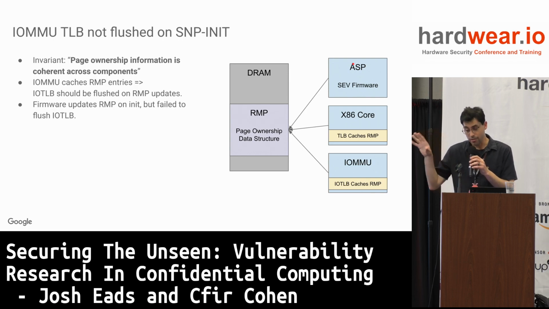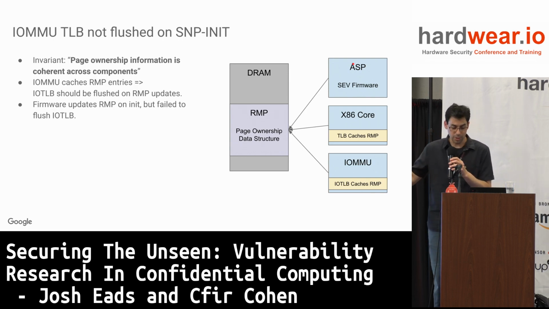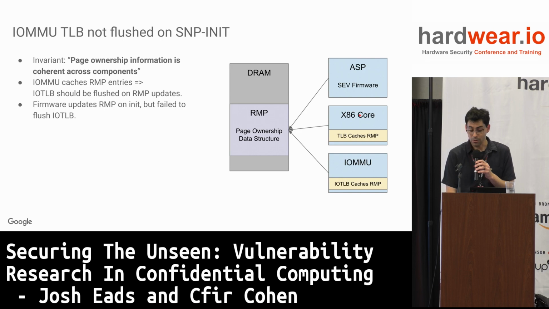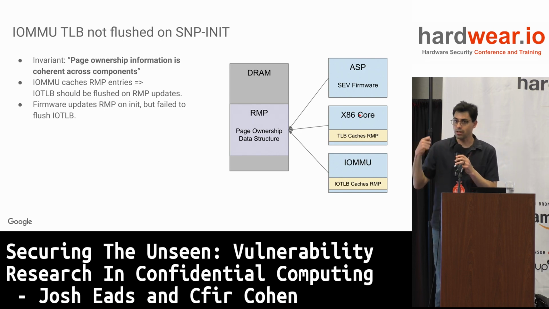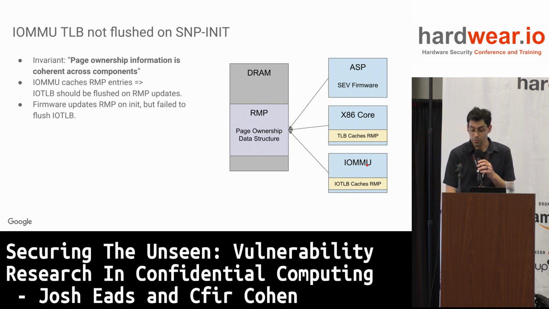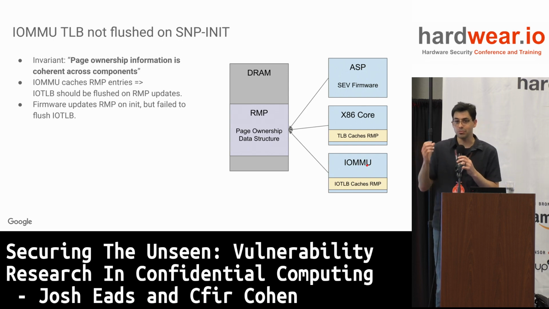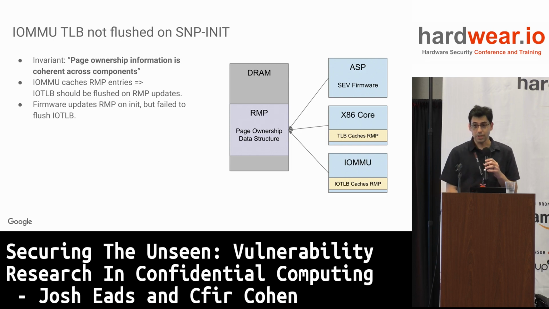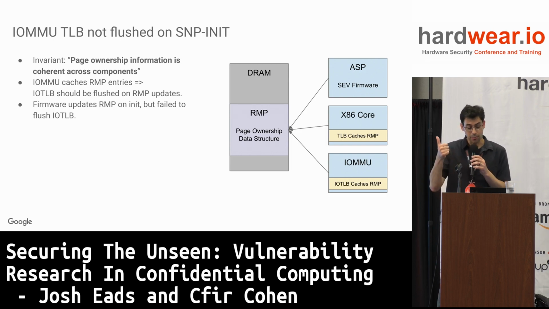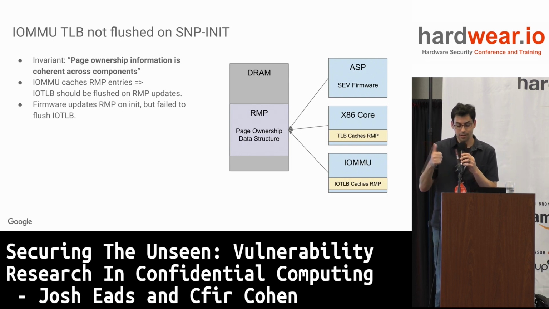There's the SEV firmware running on the ASP. There's the x86 microcode that does the page ownership check on every store. And there's the IOMMU that also does the page ownership check on every DMA write. Right? We also realized that this is an example of invariant analysis and an example of a performance-security trade-off.